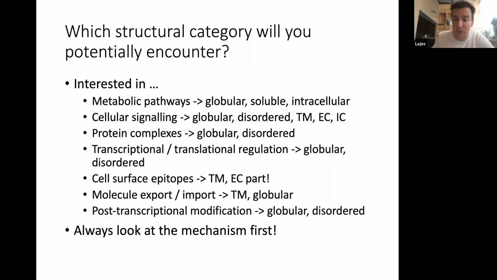So even if you don't know how to identify the structure of the TM part, which is usually much harder, the transmembrane part, which is responsible for making the pore or bringing the molecule through the hydrophobic membrane. But if this is an active transporter, then there will be a globular part attached to the transmembrane domain, and the globular part will probably be an ATPase domain. So it will use energy to help the active transport.